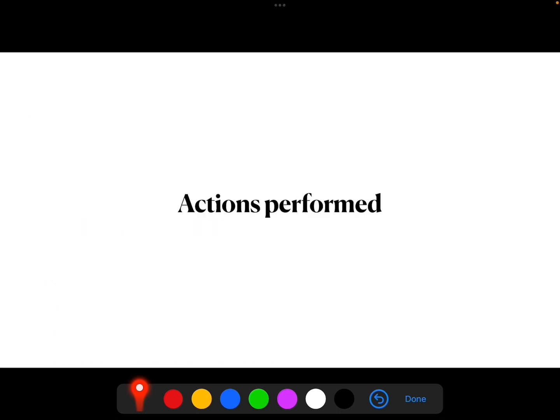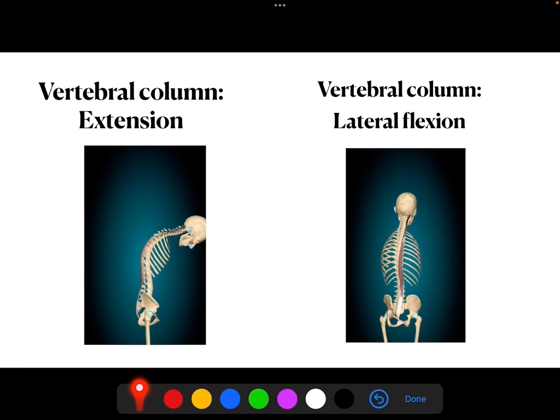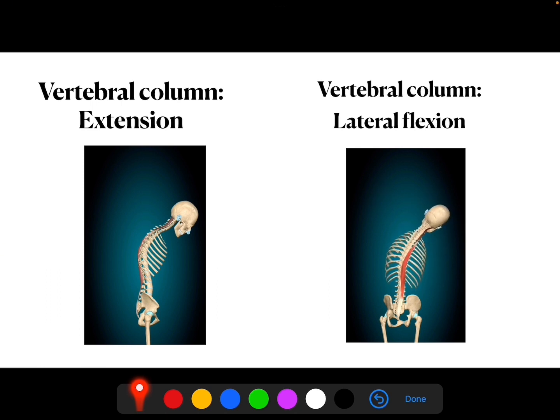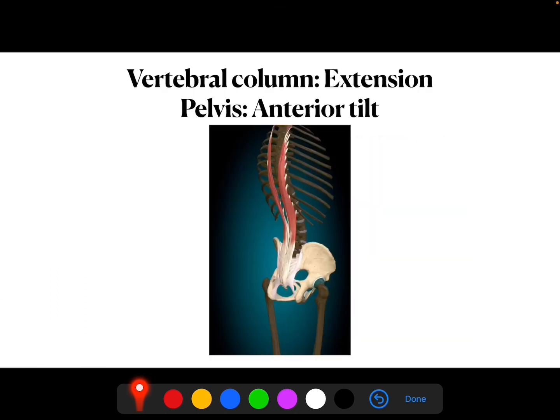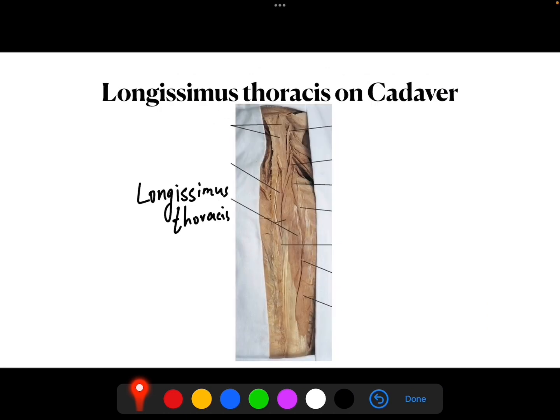Actions performed by this muscle: extension of vertebral column, lateral flexion of the vertebral column, extension of vertebral column and anterior tilt of the pelvis. This is what it looks like on the cadaver.